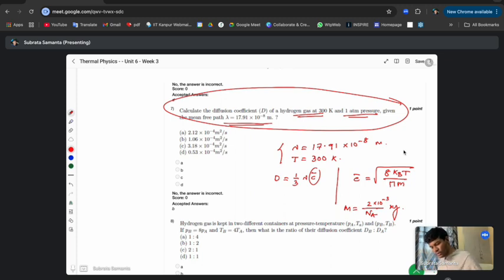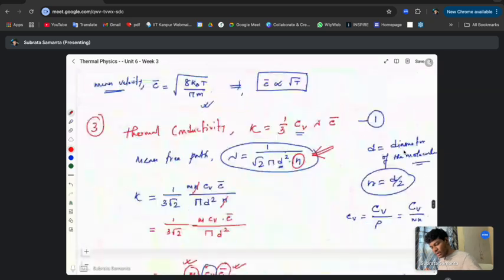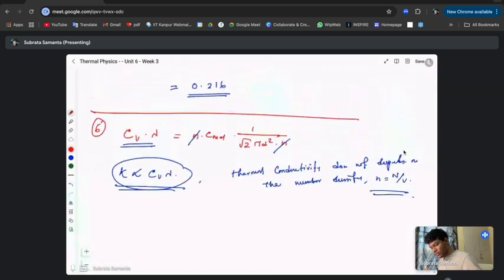Once you calculate m, you can calculate C average for H2 hydrogen gas.